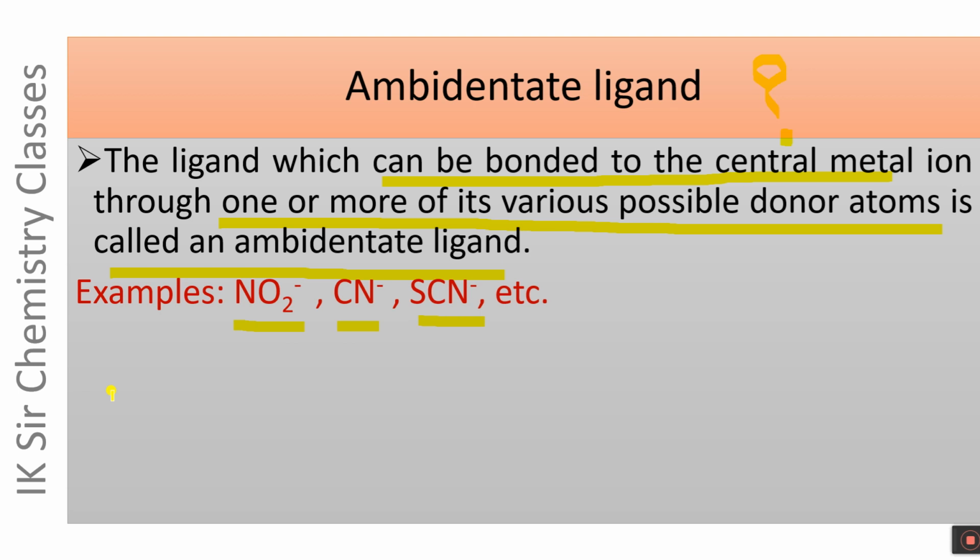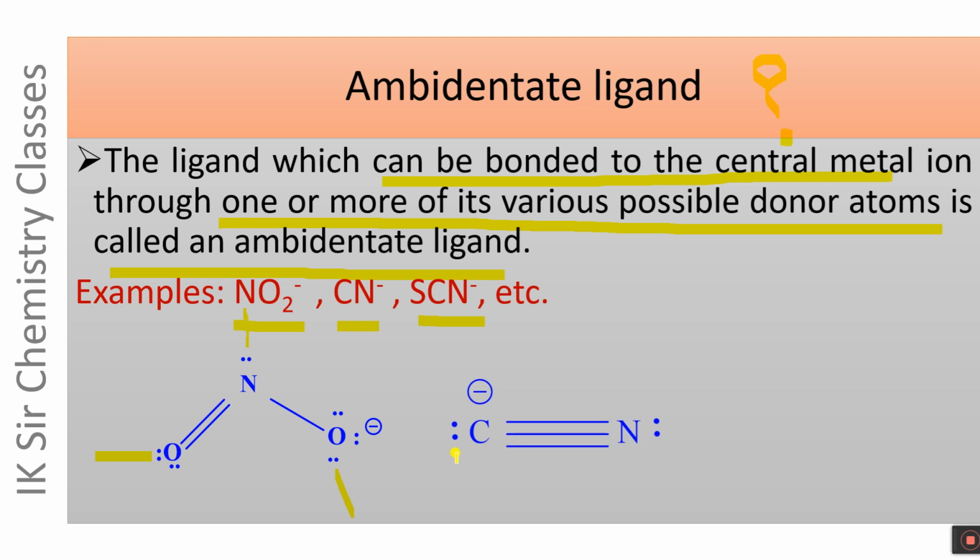Let us see the structures of these ambidentate ligands. NO2 minus ion can be coordinated through oxygen atom, this oxygen atom, and nitrogen atom also to the central metal ion.